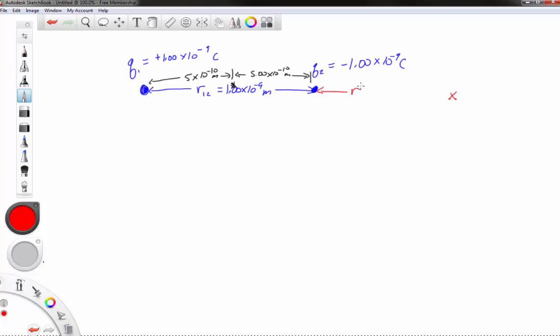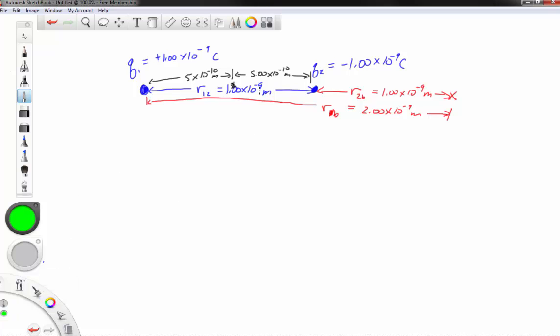So this right here would be R, we'll call this R2B. This is R2A. And so this is 1 times 10 to the minus 9 meters. And here would be R1B, and that's 2 times 10 to the minus 9 meters.